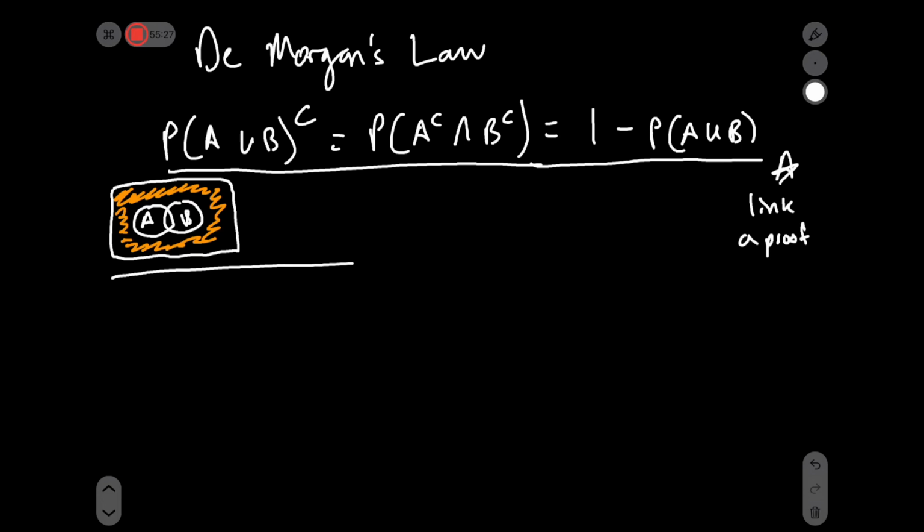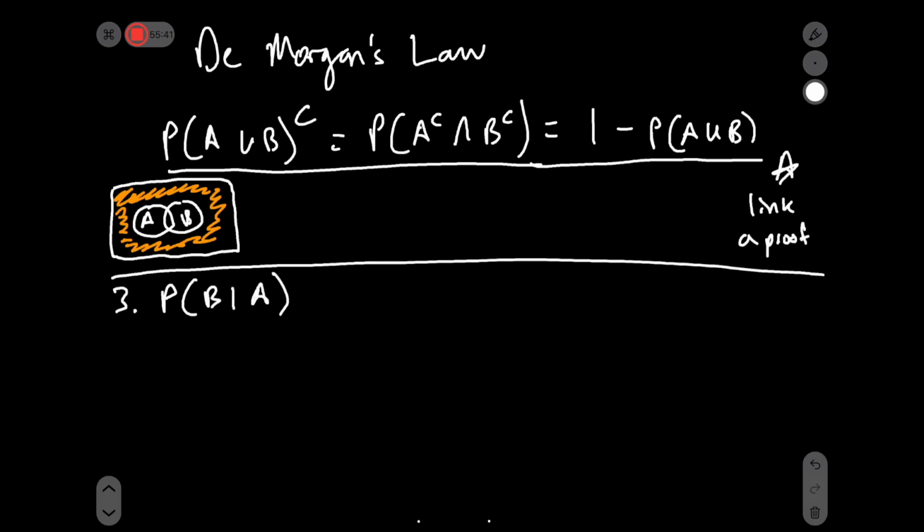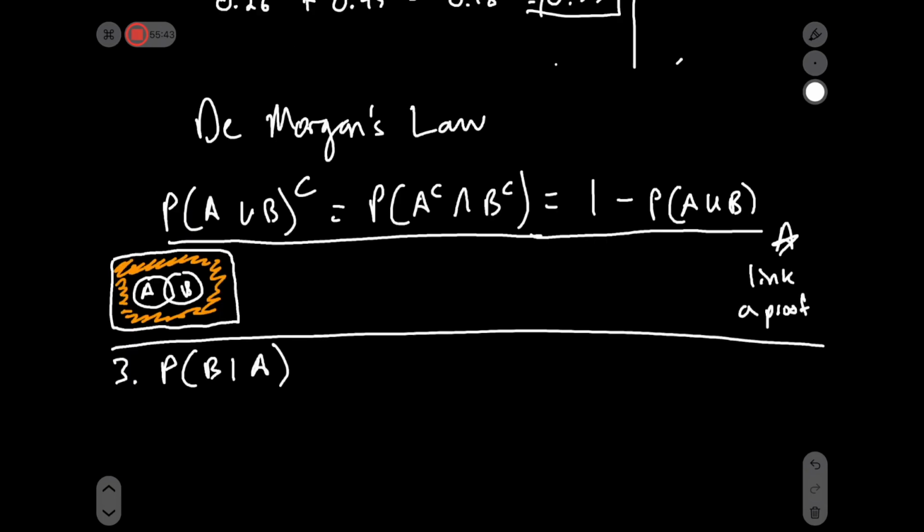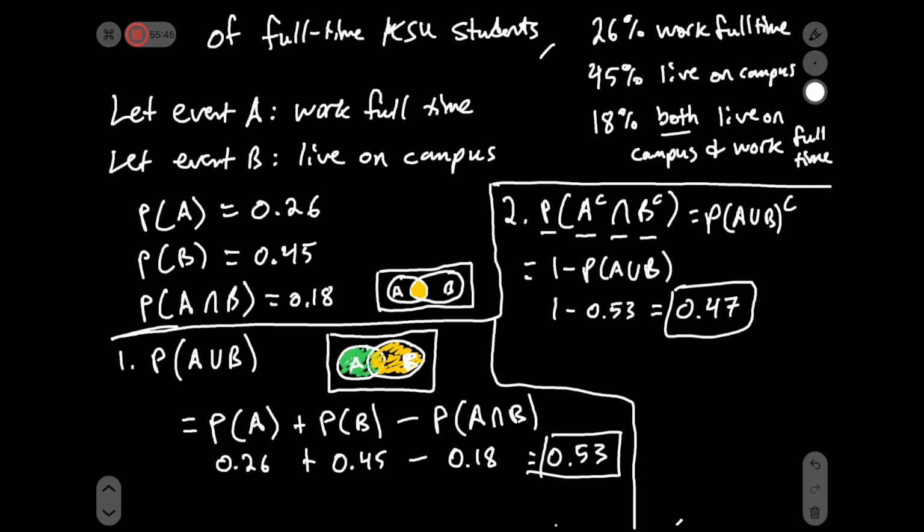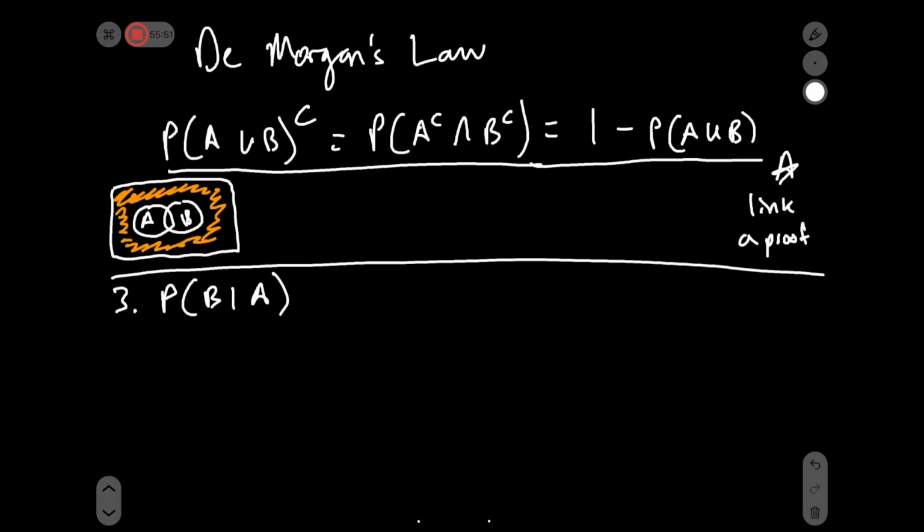Now we've got 2 more parts here, very quickly. Try to have this done in under an hour. Let's find the probability of B given A. Given that someone is working full-time, what is the probability that they live on campus? There's a nice formula we can use to solve this as well. I think this flows from Bayesian statistics, Bayes' rule.